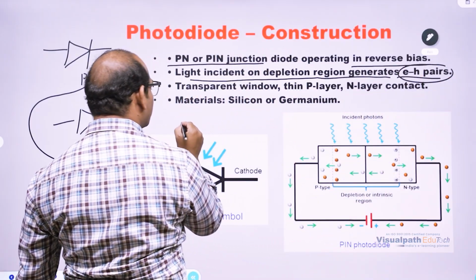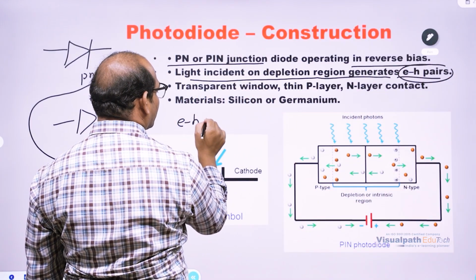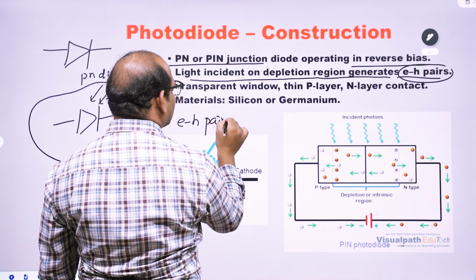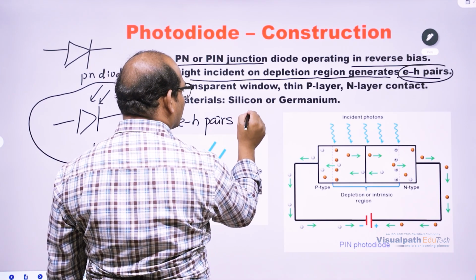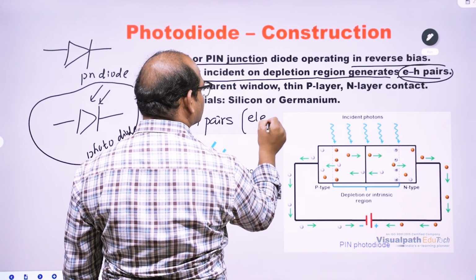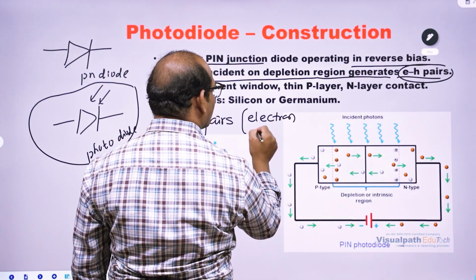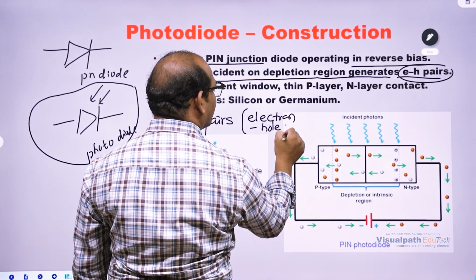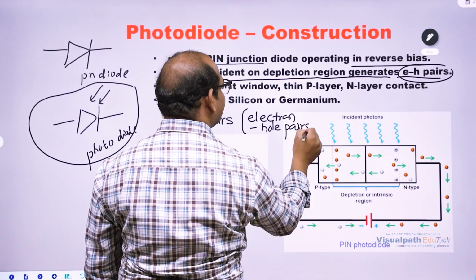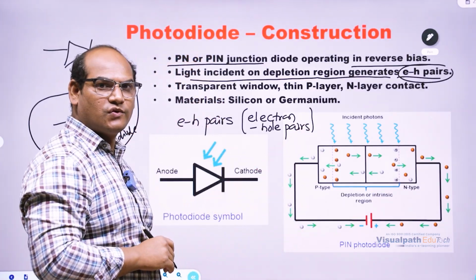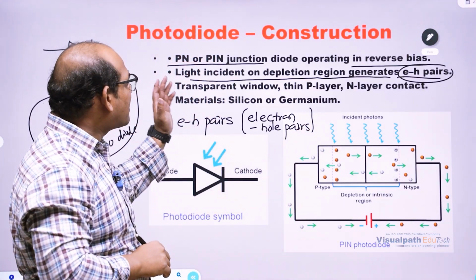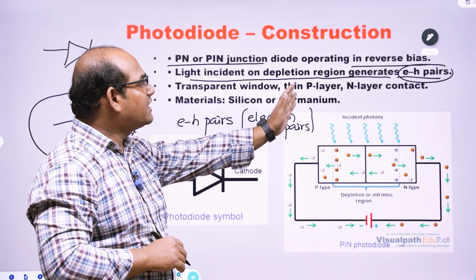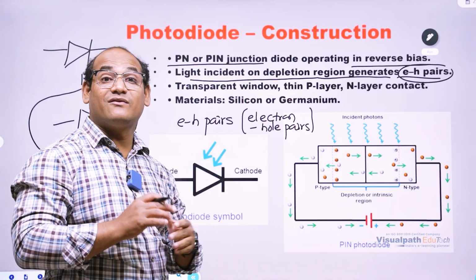EH pairs is a very important point here. The electron and hole pairs will be created when we incident light on the depletion region of the photodiode. The transparent window, thin P layer and N layer contact will be available.